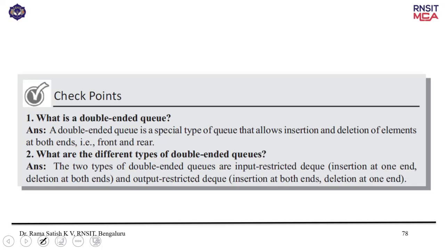In an input restricted double-ended queue, insertion happens at only one end and deletion at both ends. In an output restricted double-ended queue, insertion can be done at both ends, but deletion can be done at only one end. So this is what we have discussed today.